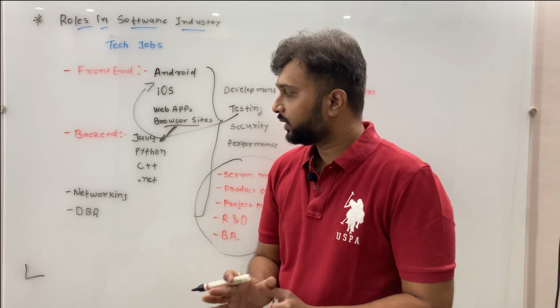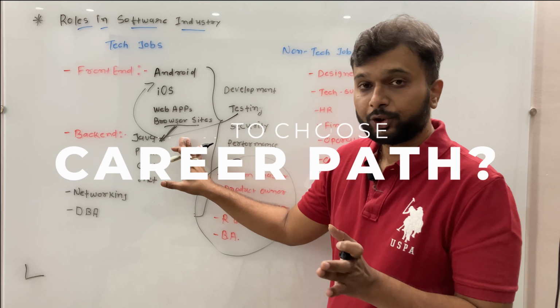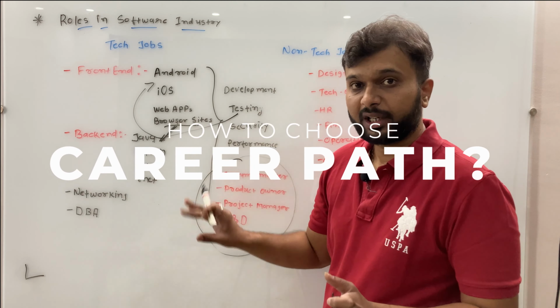Now the question is, how can I choose a particular category? First of all, if you are coming from an IT background, you should know which language you are comfortable with during your engineering days or graduation. You should have gone through different programming languages, networking, or databases. If you are comfortable with a language, for example Java or Python, and you like coding, then you can choose it.